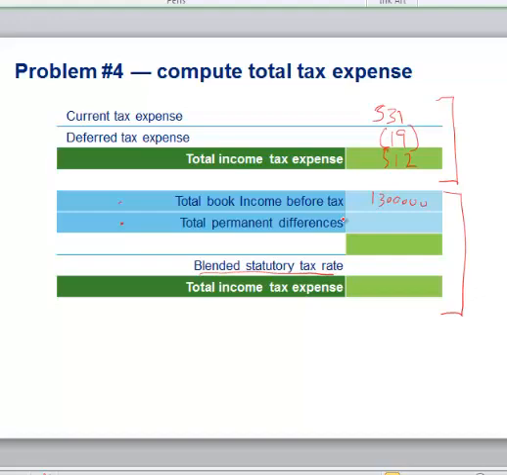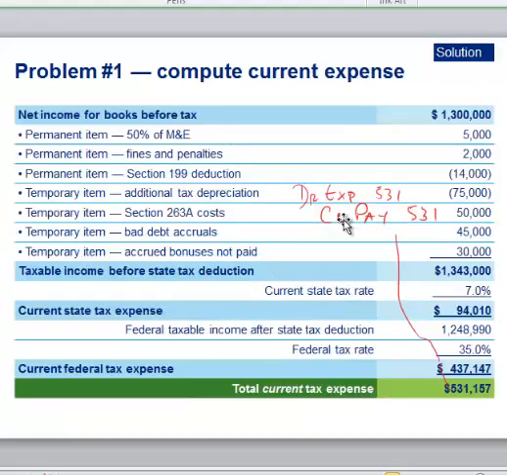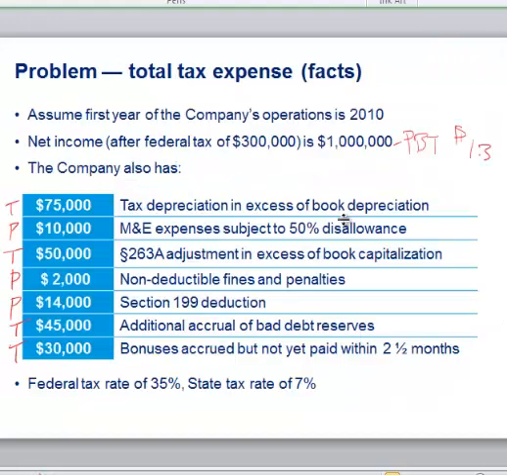Okay. Our perm items. Our perm items are the guys with P's. Meals and entertainment of 5, non-deductible penalties of 2, and $199 of 14. So if I add that up, that's an add back of 5, an add back of 2, and a deduction of 14. So that's a net deduction of 7, right?